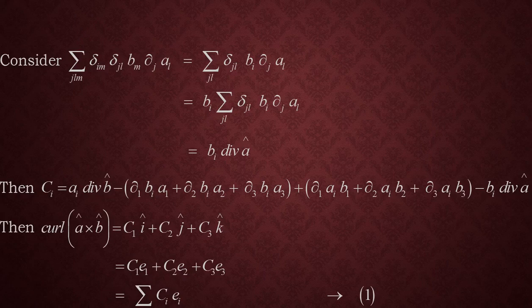Actually, curl of A cross B equals C1 i cap plus C2 j cap plus C3 k cap. If we replace i cap with e1, j cap with e2 and k cap with e3, which are the unit vectors in the direction of the x-axis, y-axis and z-axis respectively, then curl of A cross B equals C1 e1 plus C2 e2 plus C3 e3.